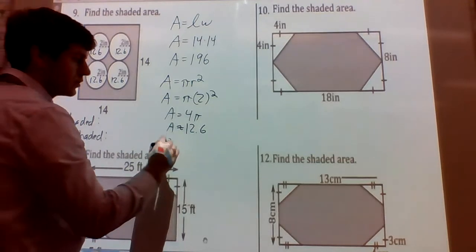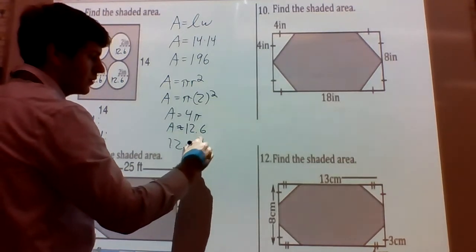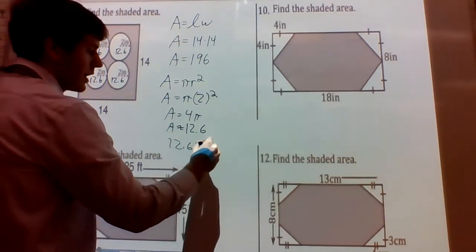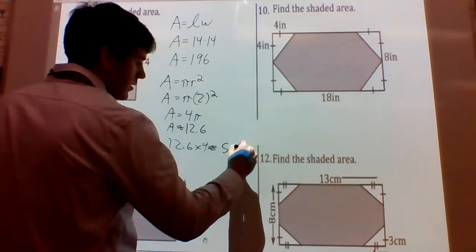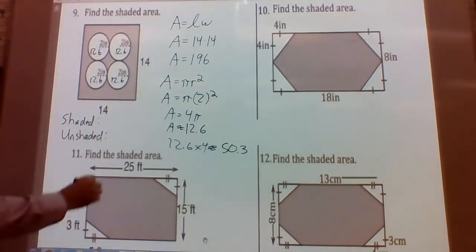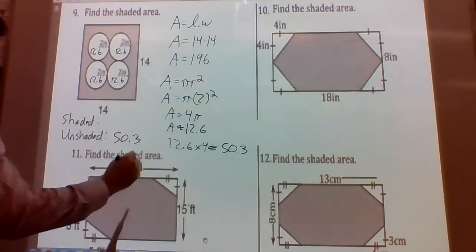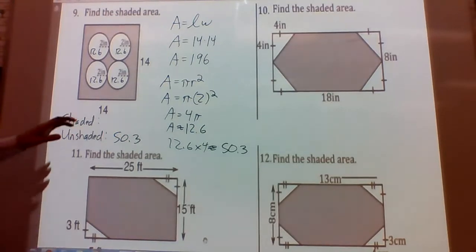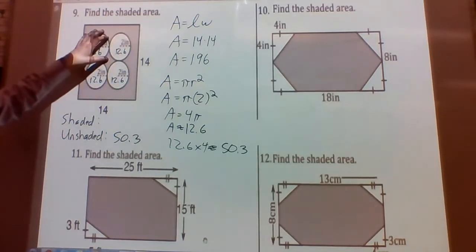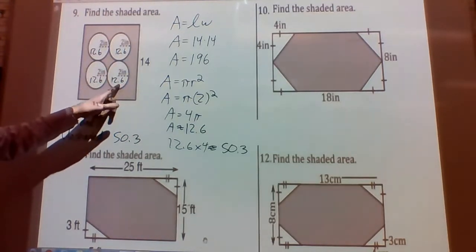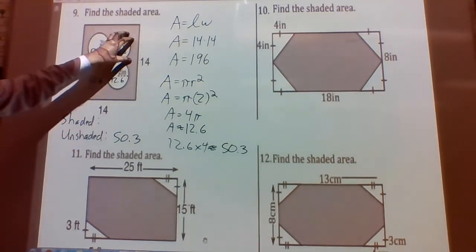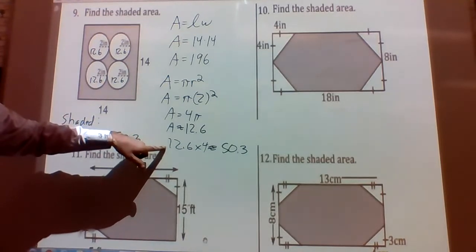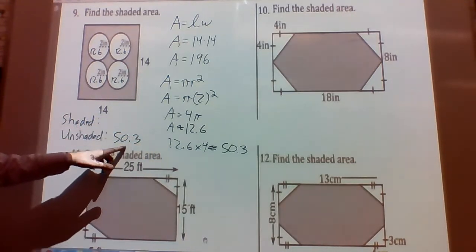We have 4 circles, so we can do 12.6 times 4, which gives us approximately 50.3. So it's about 50.3 is our unshaded area. The unshaded area is composed of 4 circles. Each circle has an area of about 12.6. So when you multiply that by 4, we get an unshaded area of about 50.3.